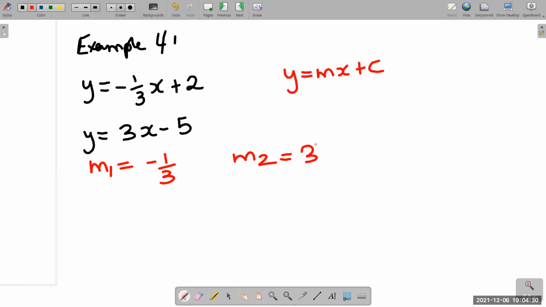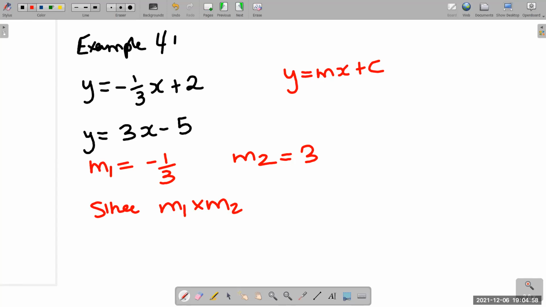We could look at this and identify that -1/3 is the negative reciprocal of 3. But because they gave us both of them, which law do you think we have to use? We have to use the product law. So we must say, since m1 times m2, but let's prove it.